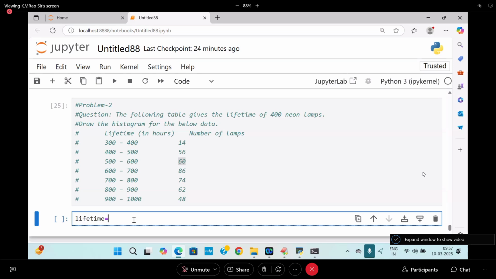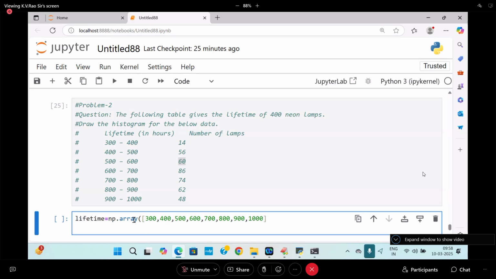What are the values? np.array of 300, 400, next 500, 600, 700, 800, 900 and, come on, 1000. These are the values. Next I will take number of lamps.